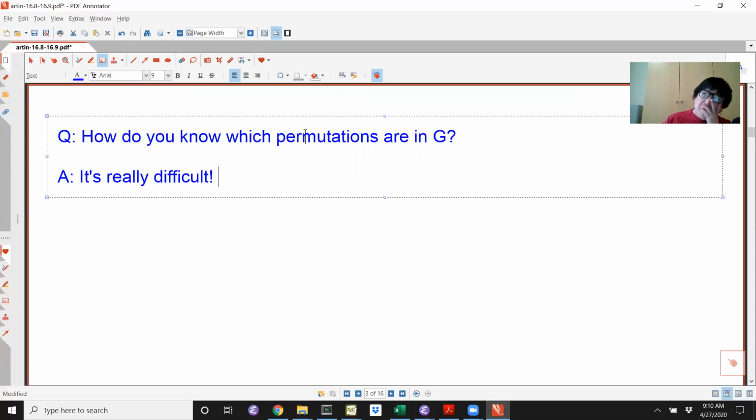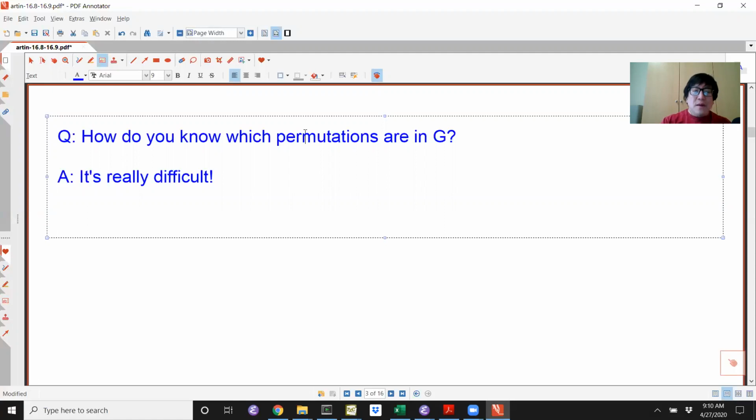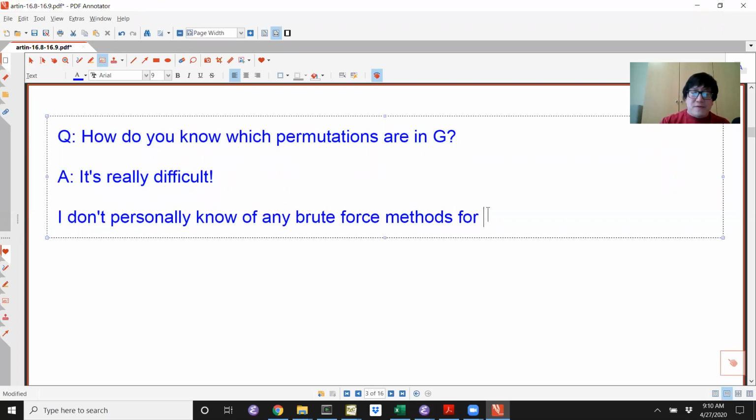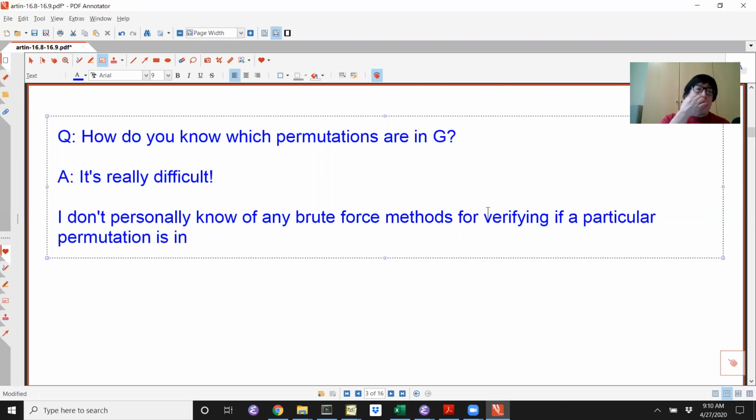I don't want to make any blanket statements because I'm not an expert in Galois theory, but I don't personally know of any methods, even brute force methods, for verifying if a particular permutation is in the Galois group of, say, K over F. Let me get back to you on that.